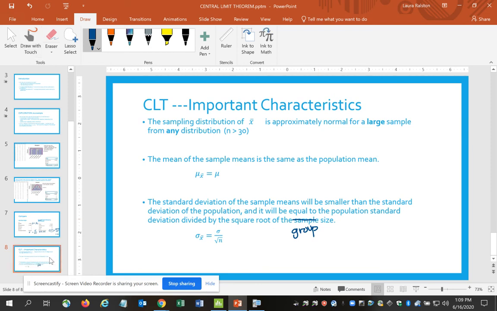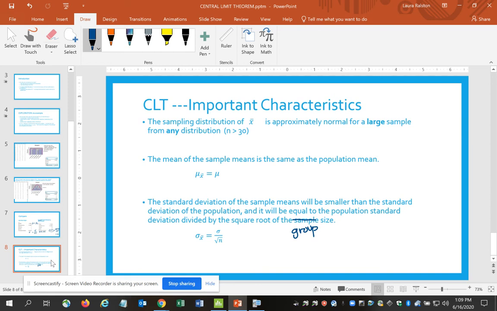Those are the three important characteristics you want to get from the central limit theorem, and realize that they're being applied behind the scenes when you're looking at a group instead of an individual.